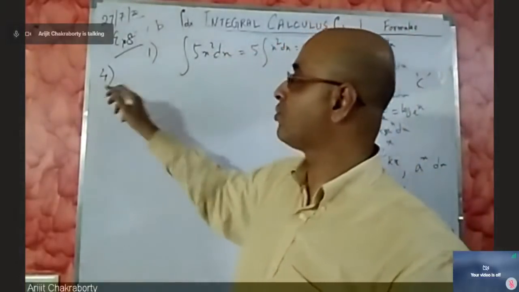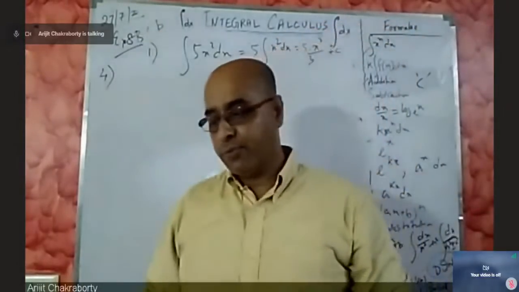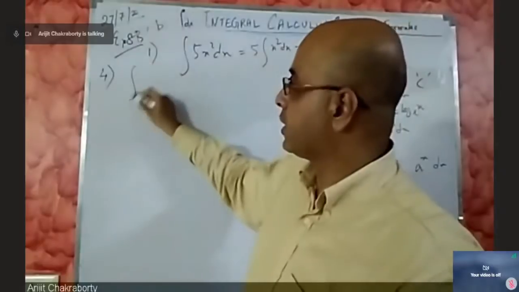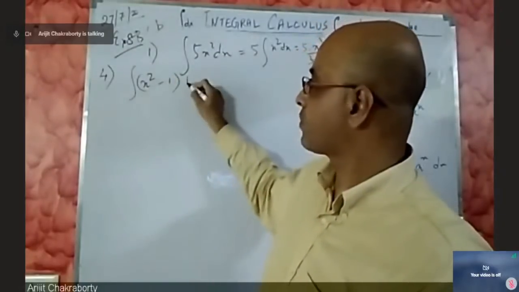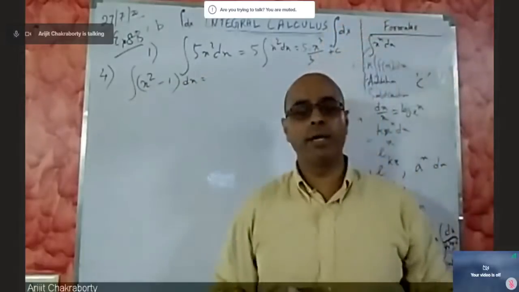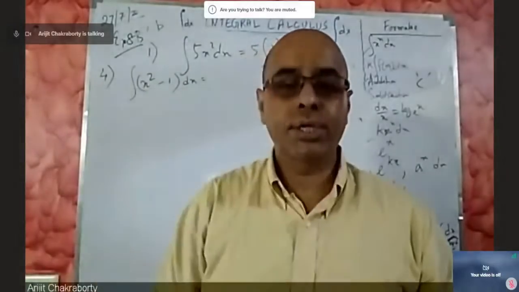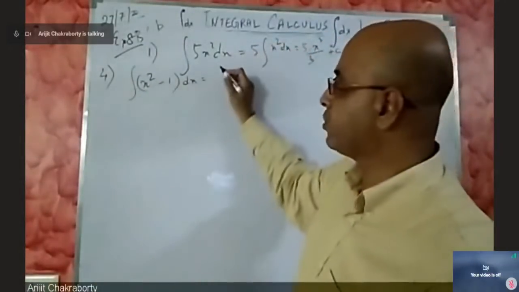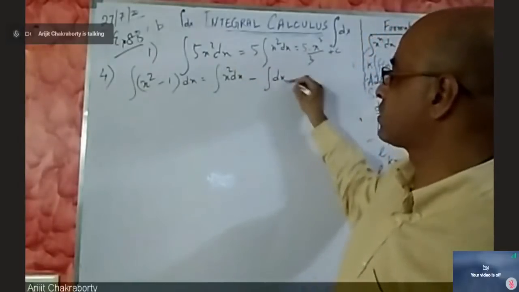Question number 4 of exercise 8b. Okay. We have to find out this integration x square minus 1 dx. Using the fundamental rule of addition and subtraction, we break it into x square dx minus dx.